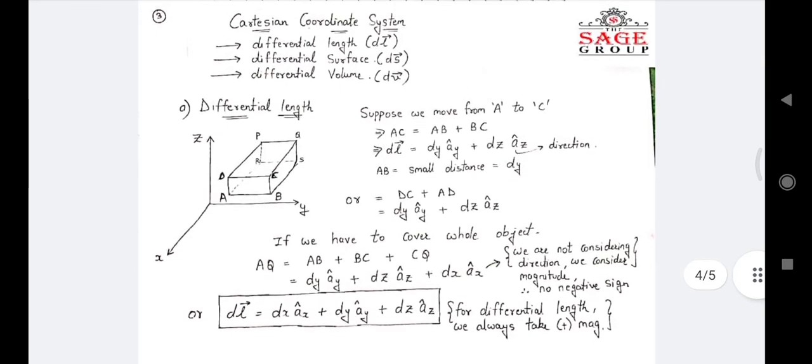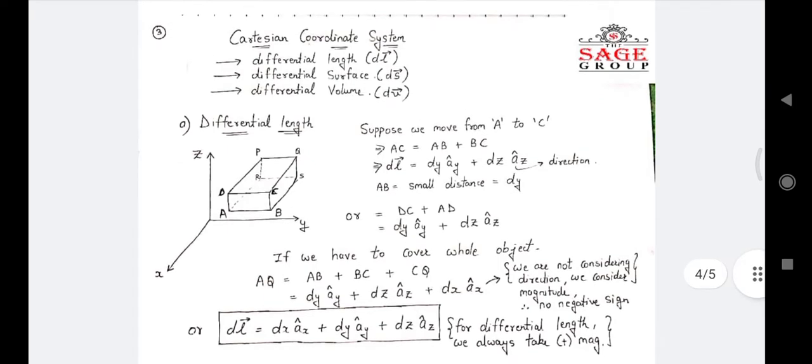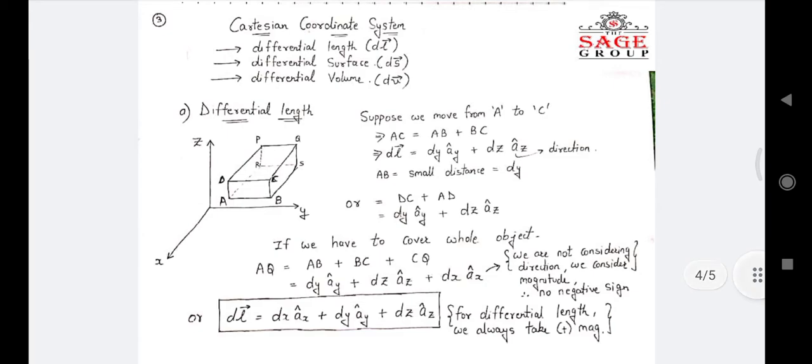Now the question arises: why have we written dy over there? Many students say that when we move from A to B, it should be y, but I have already told you that we are talking about a differential object placed in this three-dimensional axis, and we have traveled from A to B, a very small length. So we can write it as dy, and with dy I have written the ay unit vector.